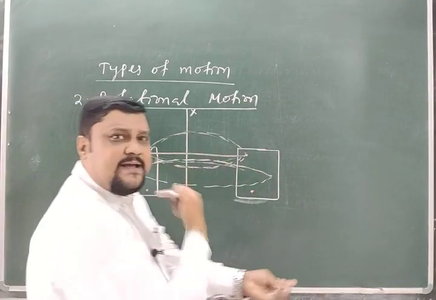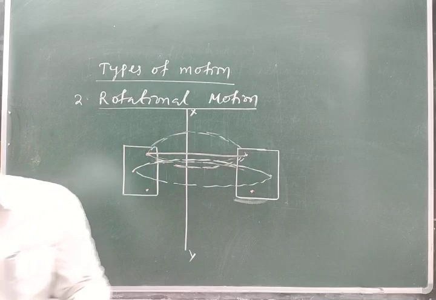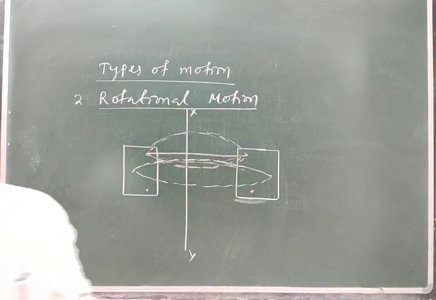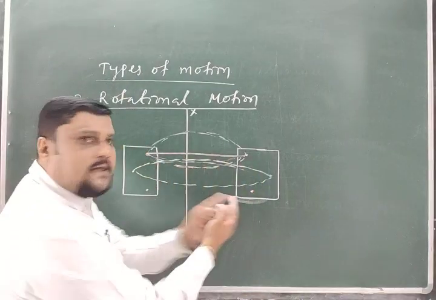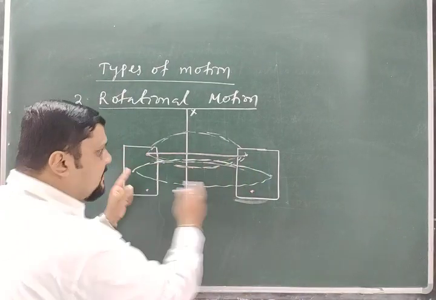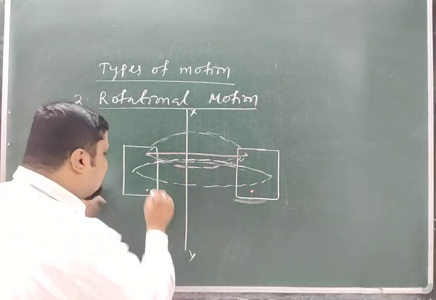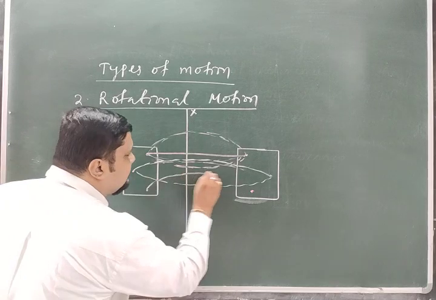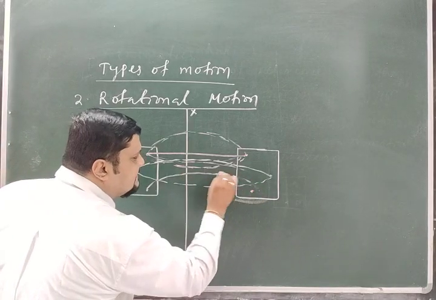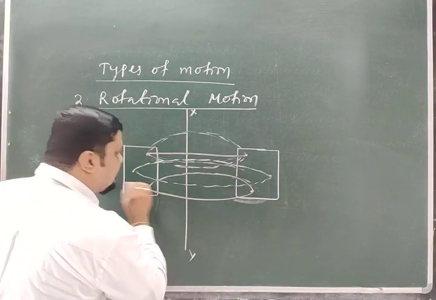It covers a circular path simultaneously. The whole body is rotating, and each point covers concentric circles like this. This particle also covers a concentric circular path like this.